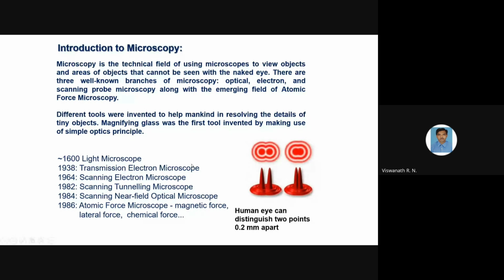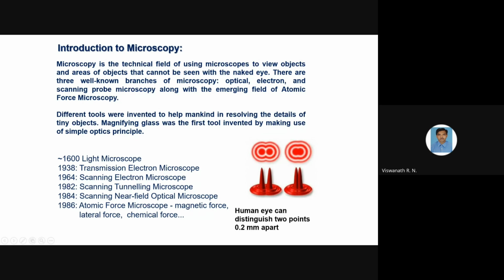Then there is the transmission electron microscope, and the scanning electron microscope. In the 1980s came the scanning tunneling microscope, and in the same period the scanning near field optical microscope. In the same decade came the atomic force microscope, magnetic force microscope, and lateral force microscope.